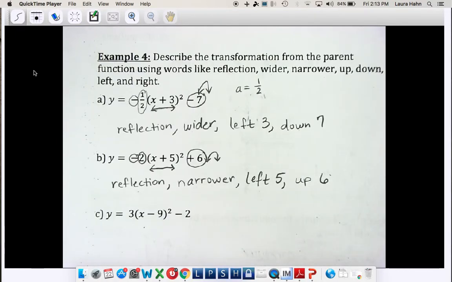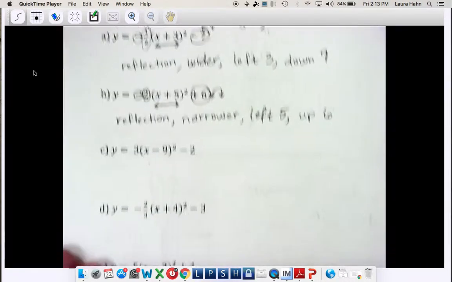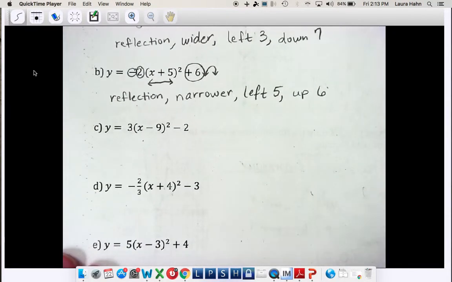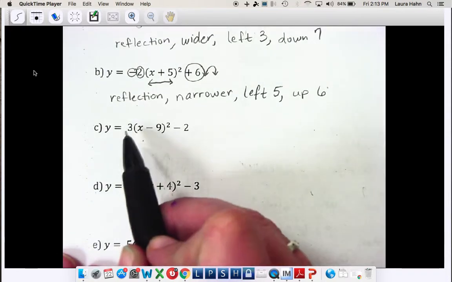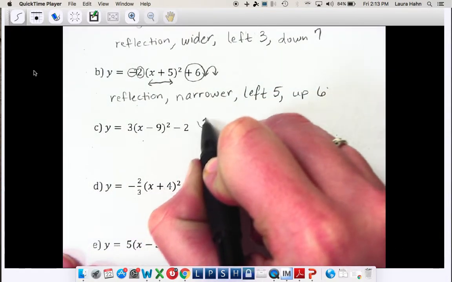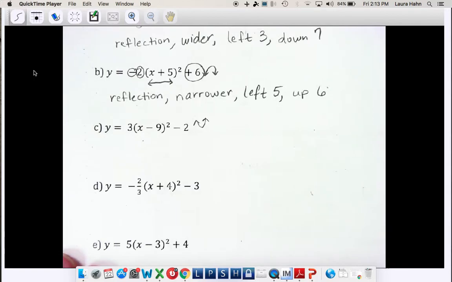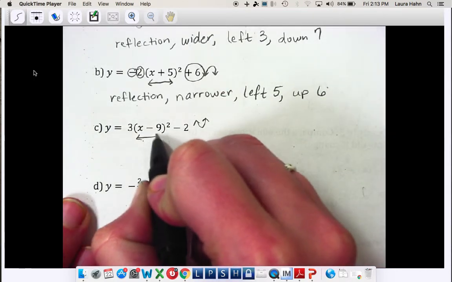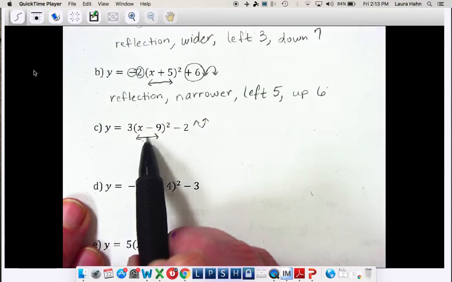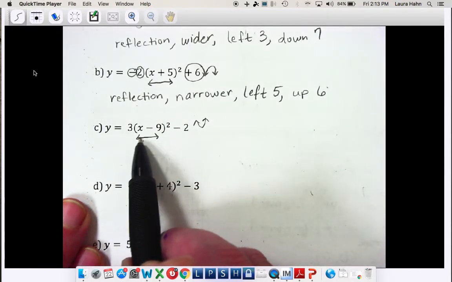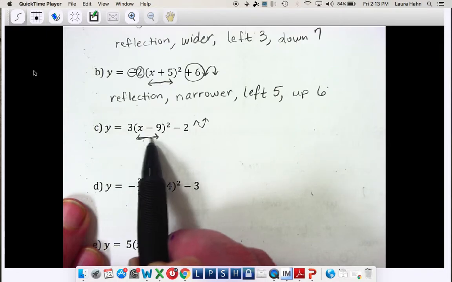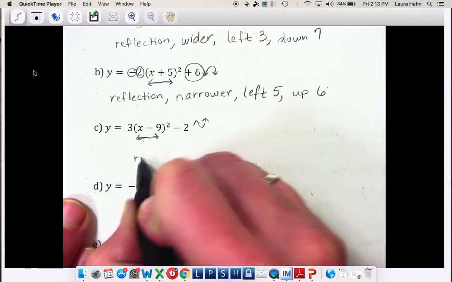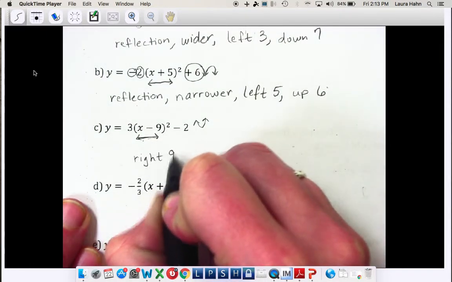Okay, let's do C. On C, notice there's no negative out front, so this one's not going to be reflected. This one's going to be opening up. So there is no reflection. My x, something is happening to the x. X's are liars, so naturally a minus I would think backwards, but since it's a liar, I know it's really going to go forward. It's to the right. So I know that's moving it to the right 9.